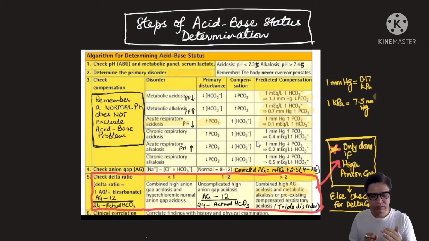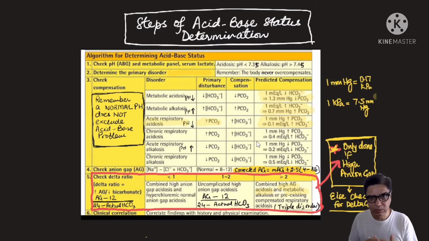So once you have determined, number one, whether the primary process is acidemia or alkalemia, and number two, whether the primary pathologic process is respiratory or metabolic, the third step is to look for compensation. The body always tries to compensate for acid-base problems by doing something in the opposite direction. So if there's a respiratory problem, the body would try to compensate by a metabolic process.